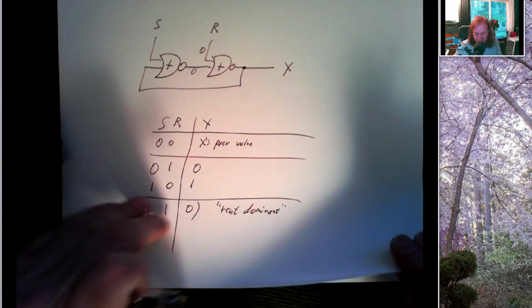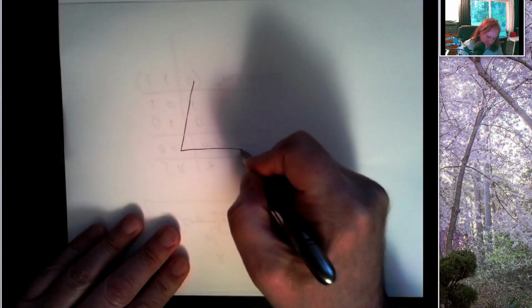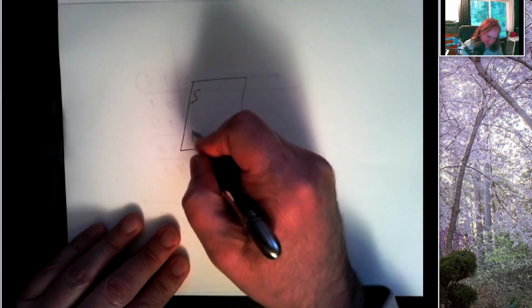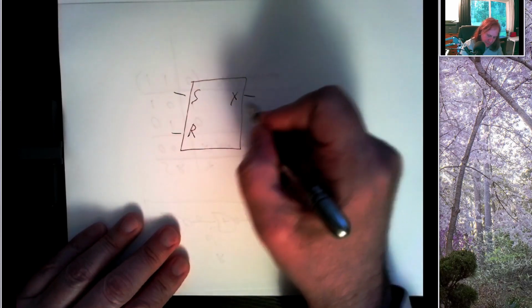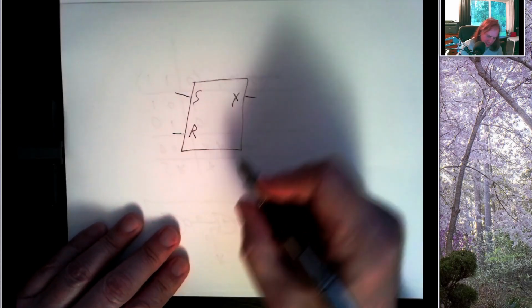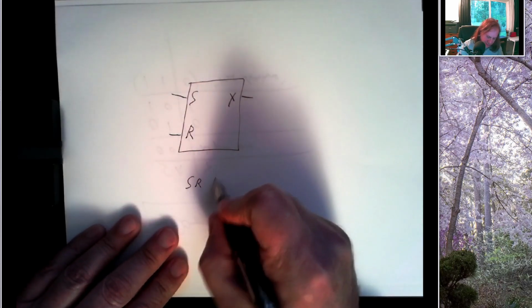And so we can draw a picture of this as a different kind of device with an S and an R input and an X output. And this is called an SR latch.